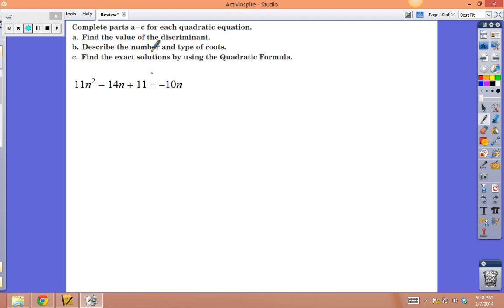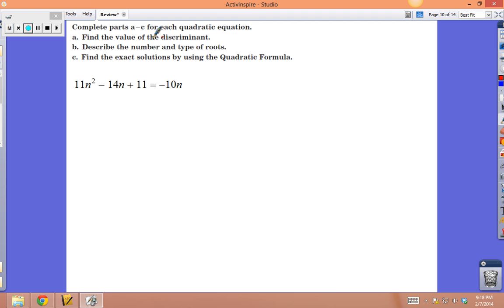Alright, quadratic equation, so you got to find the discriminant. See if you can interpret what kind of roots you're going to expect based on the discriminant, and then find those roots or find those solutions. Okay, the roots are solutions at 0.